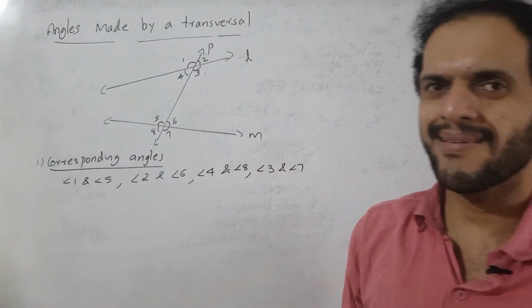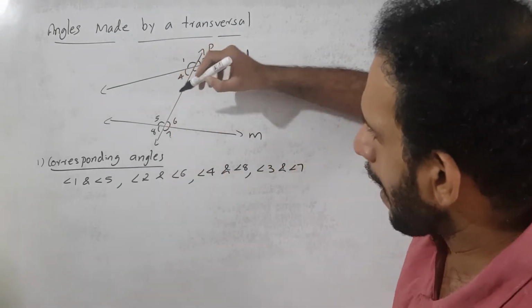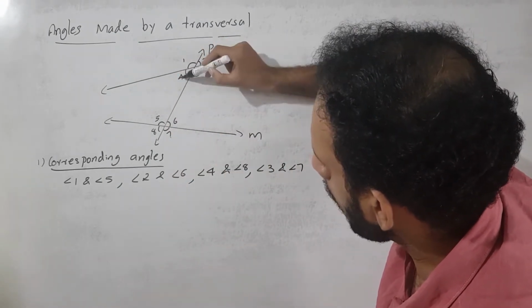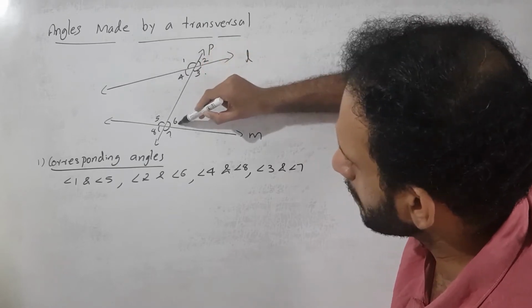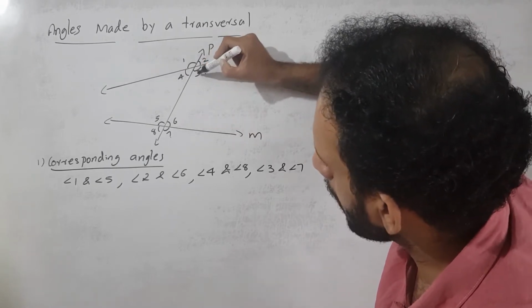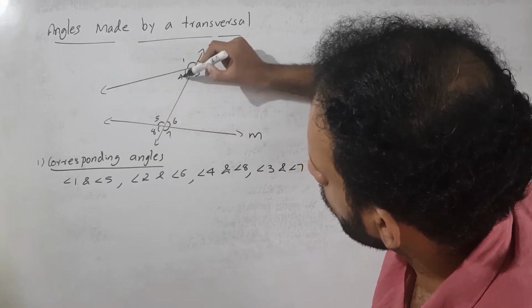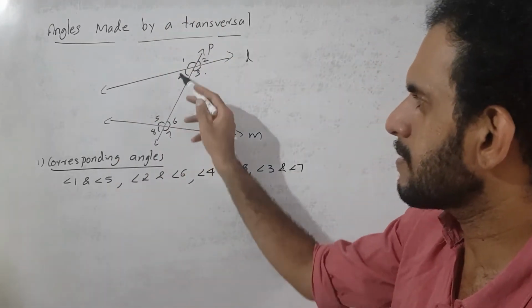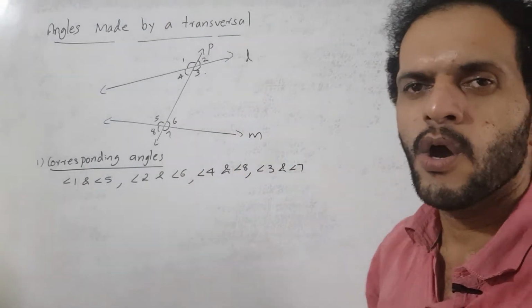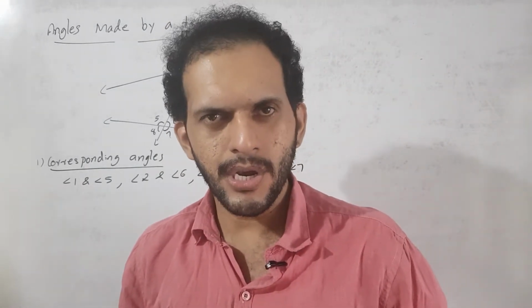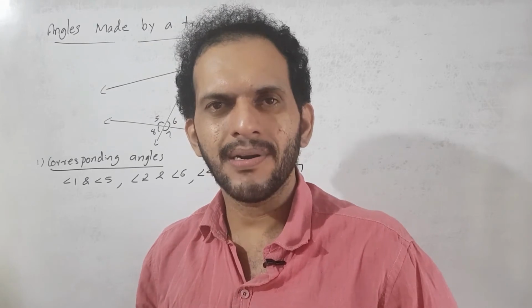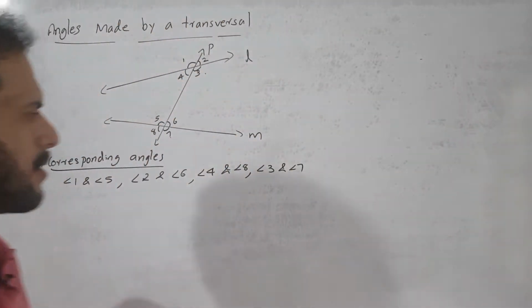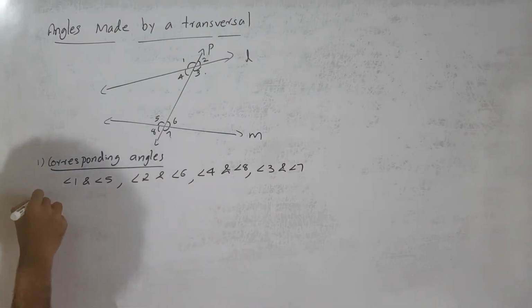If the angles are like this, angle 4 and angle 6, angle 3 and angle 5, 4, 6, 3, 5, this type of angle is called alternate interior angle. What is that? Alternate interior angle. Then what is alternate interior angle? The second one.